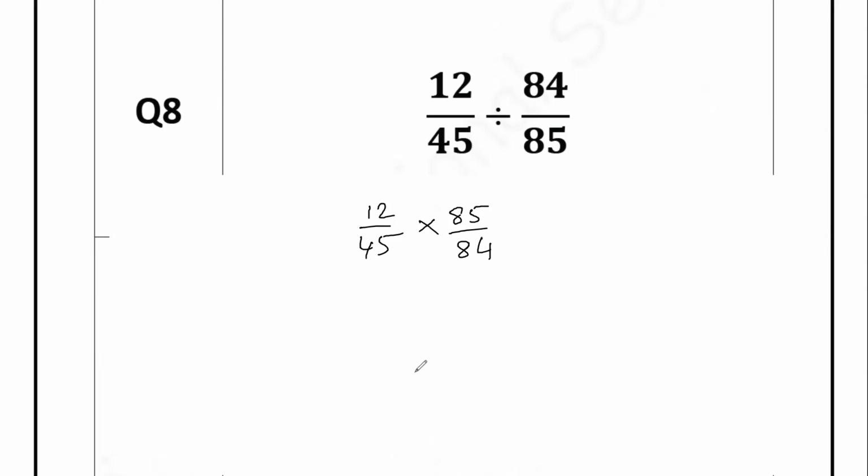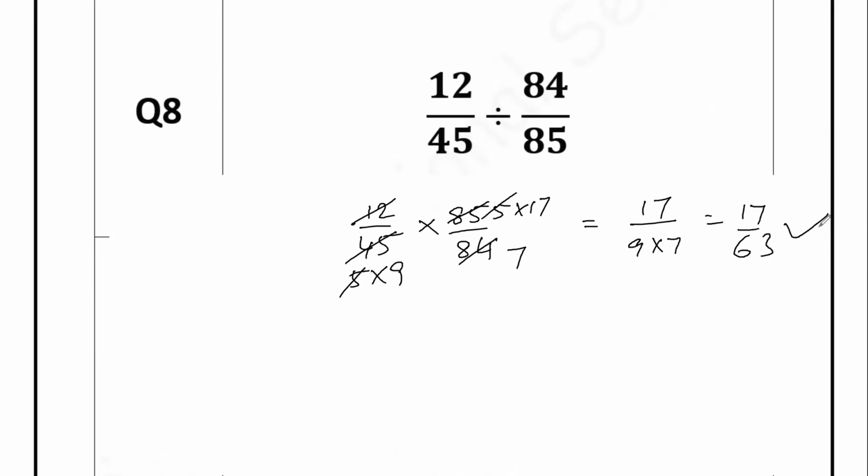So for instance, I know this is 5 times 17, 5 times 9, and I know 12 times 7 is 84, correct? So 5 and 5 goes. I've got 17 upon 9 into 7, which is 17 upon 63. Easy peasy.